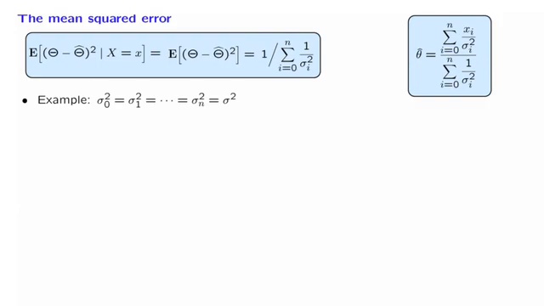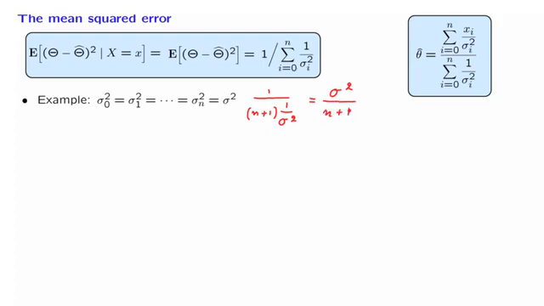Let us now look at one more special case. Suppose that all the variances are the same, the noise variances as well as the variance of the prior distribution. In that case, this expression here is going to become 1 over the sum of n plus 1 terms, and each one of those terms is 1 over sigma squared, which is the same as sigma squared over n plus 1.